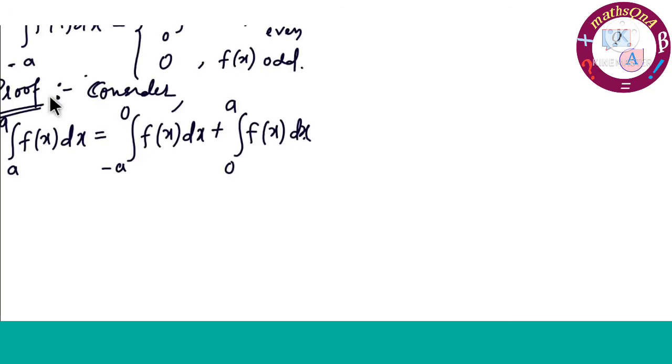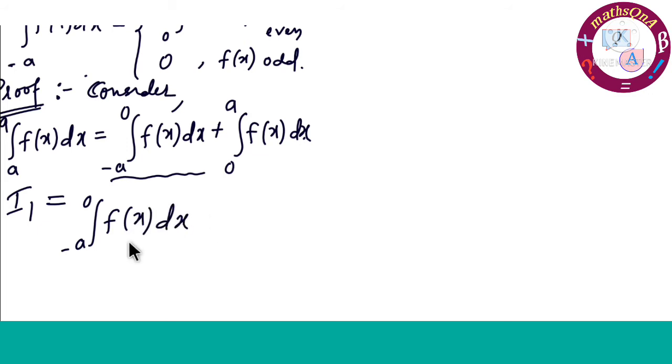Minus a to plus a, we have to split into two terms. Consider this integral as I1. So I1 is equal to integration of minus a to 0 f of x dx.